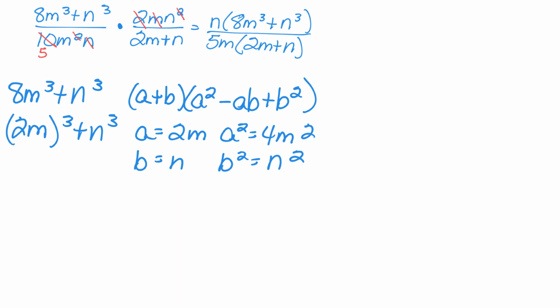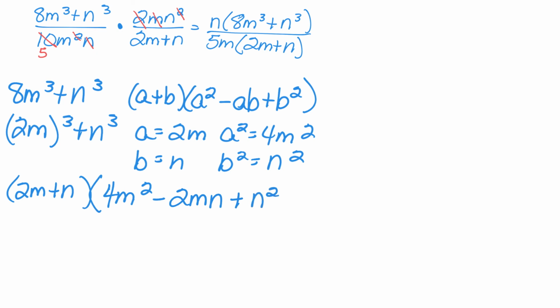So let's go ahead and substitute. A plus b, 2m plus n, times a squared, which is 4m squared, minus a times b. So basically what you're doing is you're multiplying 2m times n, so it would be 2mn, and then plus b squared, which is n squared.